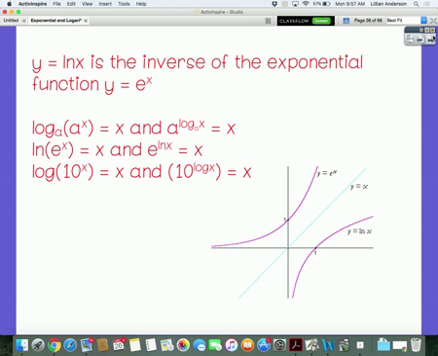So basically ln and e, they cancel each other out when they're side by side to each other, or when ln is in the exponent of e. And log of 10 to the x is just x, and 10 to the log x is just x. Because of course, if there is no base, it's assuming it's a 10, and it basically follows the first property on this slide, where they basically cancel each other out, and you're just left with x.